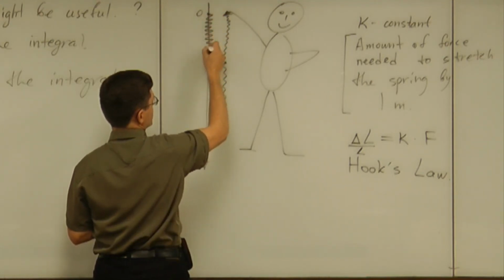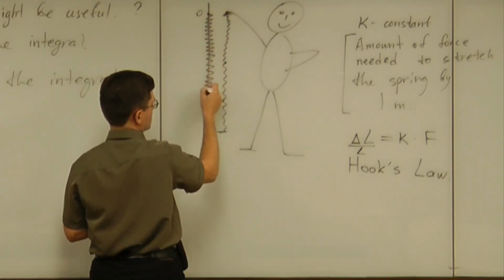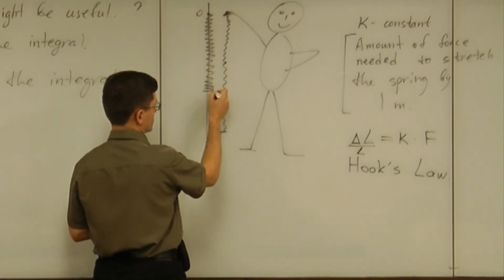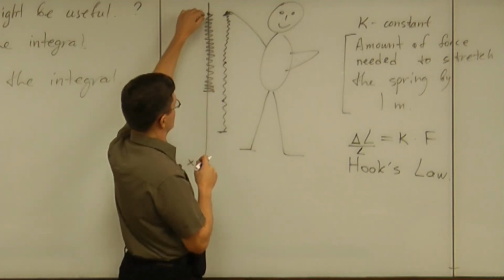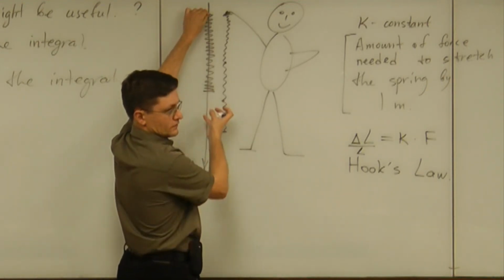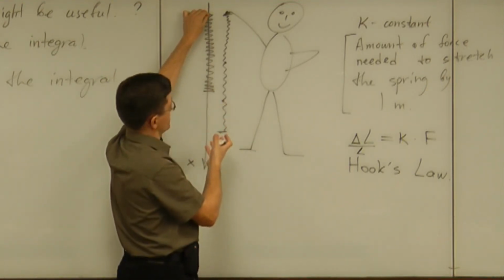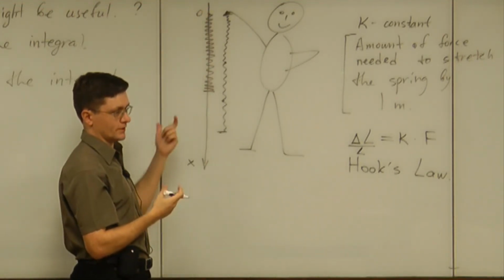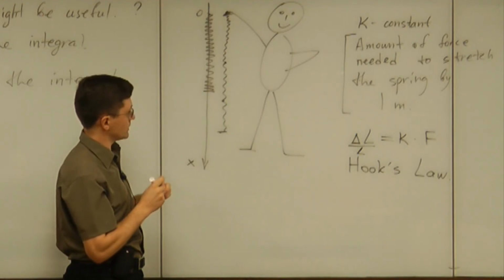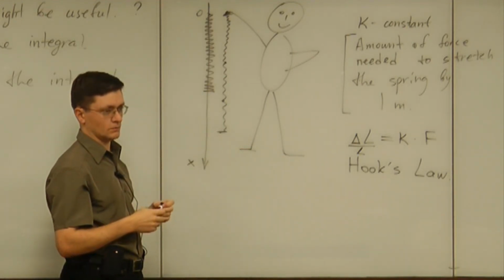So the unstretched spring was not that long, it was shorter. And then, as I fix that end, it stretches, just because of its own weight. How can we think about it? And what should we think about in order to come up with integration?